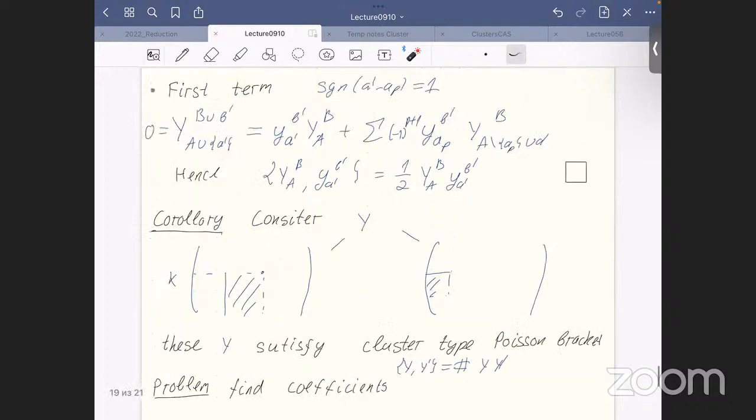This is a certain subset of the Plücker coordinates on the Grassmannian, which has good Poisson brackets, by definition, by computation. So this is what to take away: we have some good subset of the coordinates.